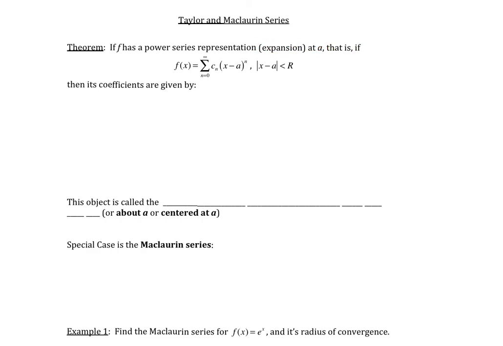In other words, if we can write f of x as a power series with a radius of convergence r centered at a, then its coefficients are given by what I just wrote earlier, cn equal to the nth derivative of f evaluated at a over n factorial.